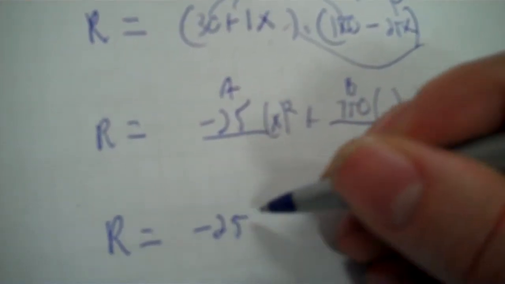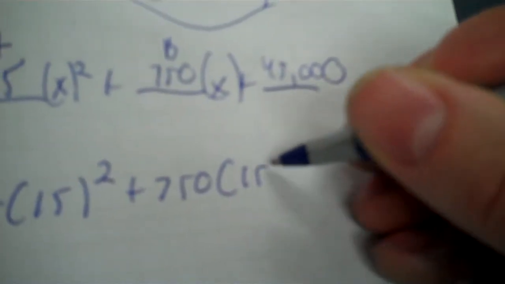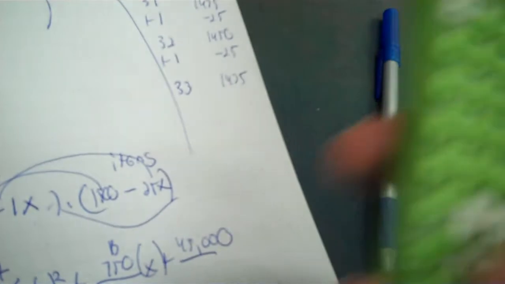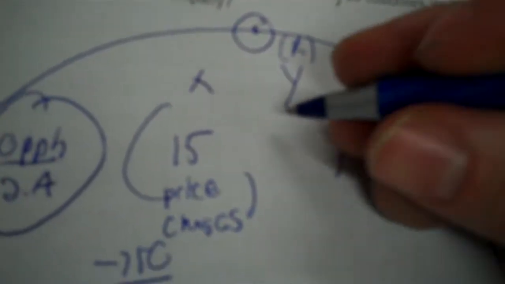I don't care if you show all this, it's up to you. And you can roll that into your calculator. $50,625, okay? And that is our maximum revenue.